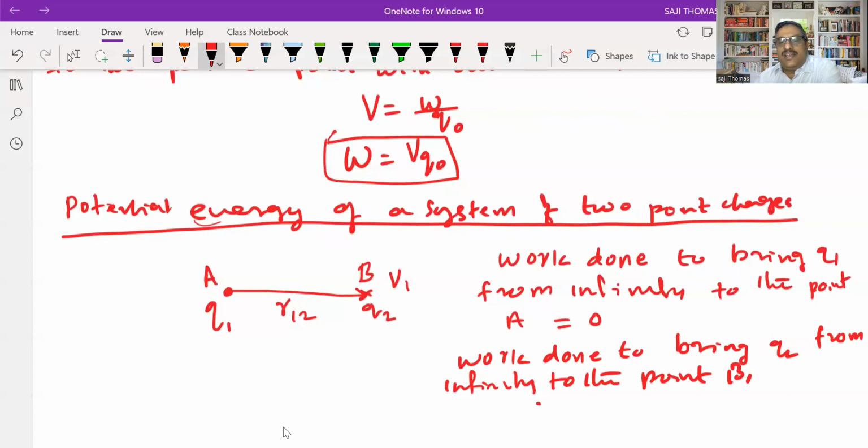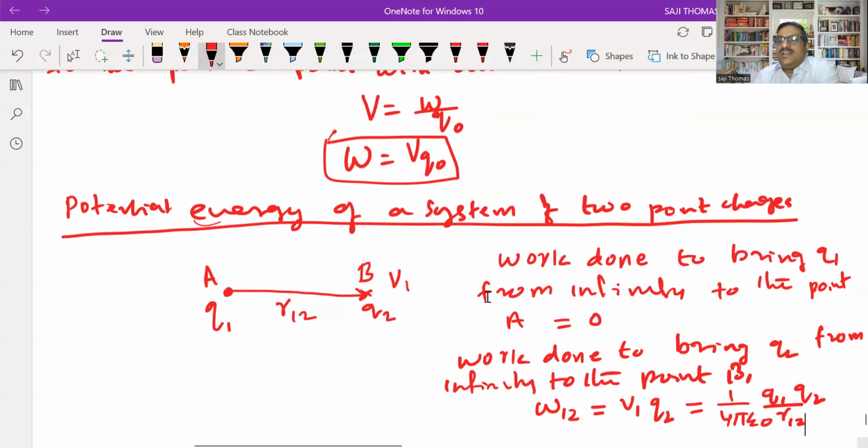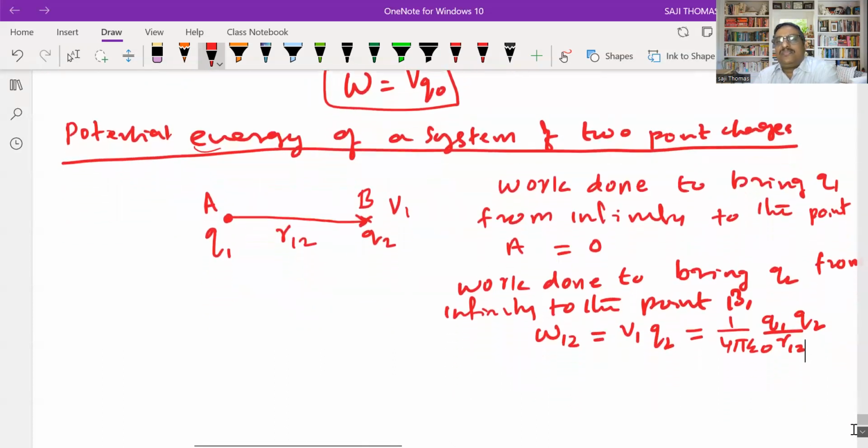What is that work done? I'm writing W12. It is the potential due to the first one, V1 into Q2. And you know the equation for potential, 1 by 4 pi epsilon 0 Q1 by R12 into Q2. So this work done is stored as the potential energy of the system.